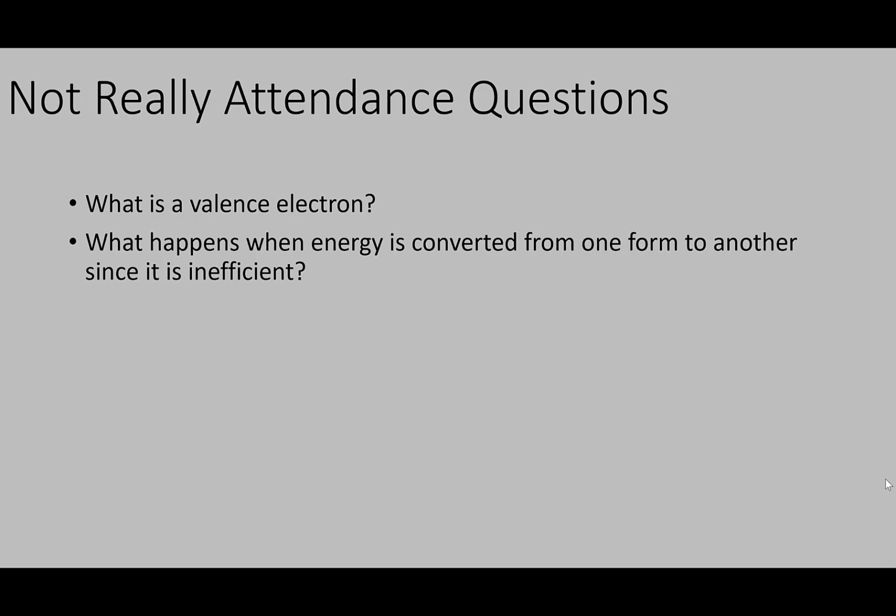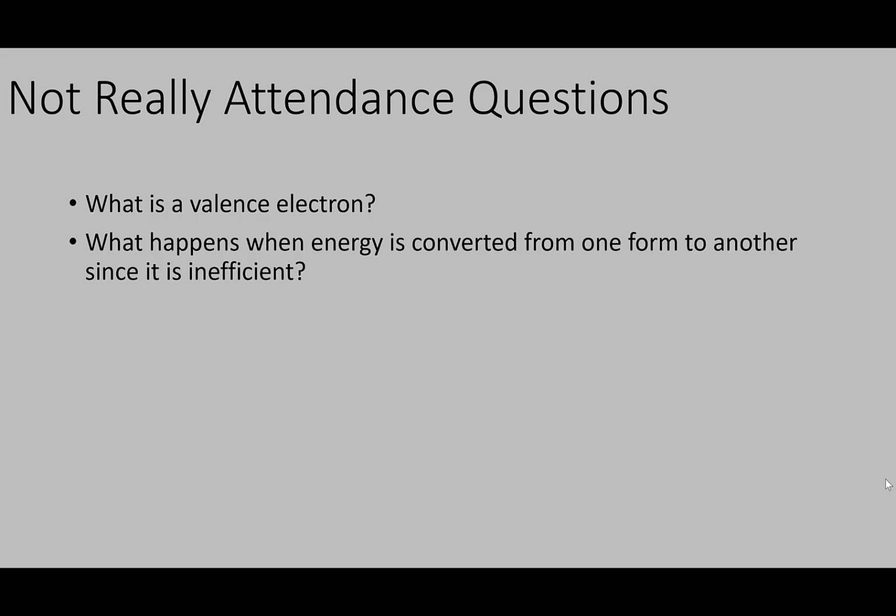And hopefully you paused the video and tried to do that. So let's see. What is a valence electron? Well, a valence electron is an electron that's in the valence shell, which then brings the question, what is a valence shell? Remember, the valence shell is the outermost shell of an atom.